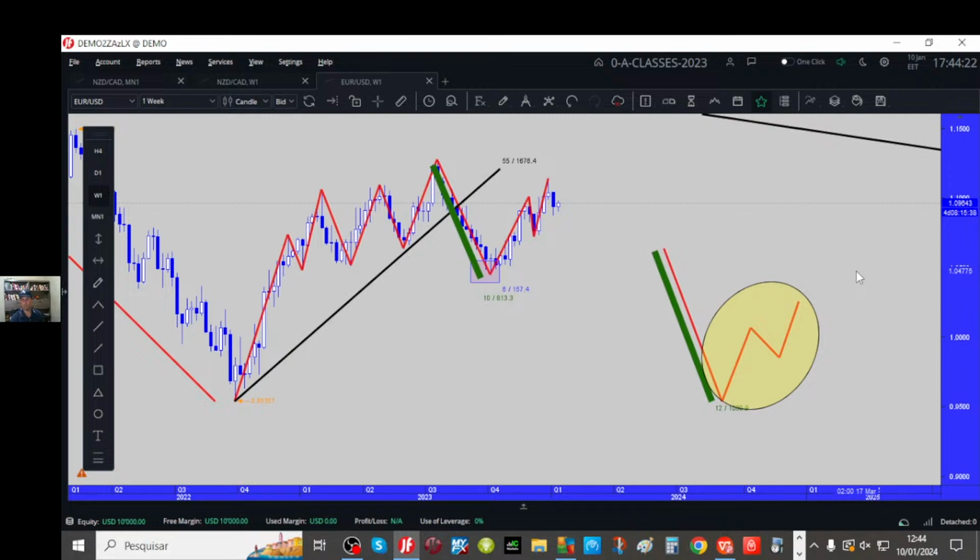Not a confirmed uptrend anymore, exactly. So talking about the circle, what is the circle? Is this an uptrend or is this a retracement on the down extension leg? And we've learned all of this in the previous lessons.